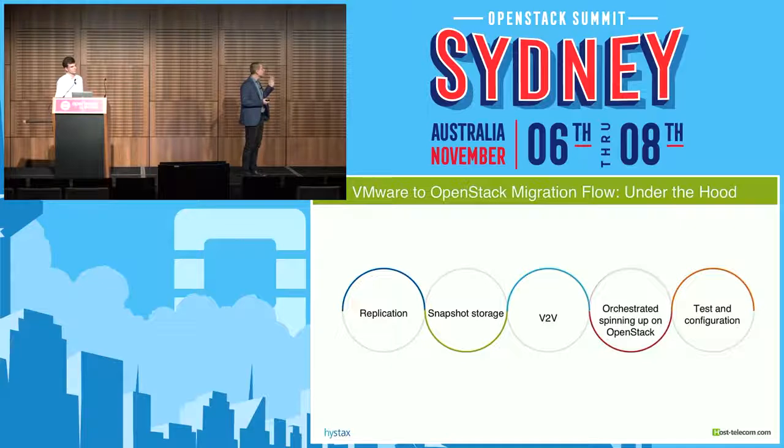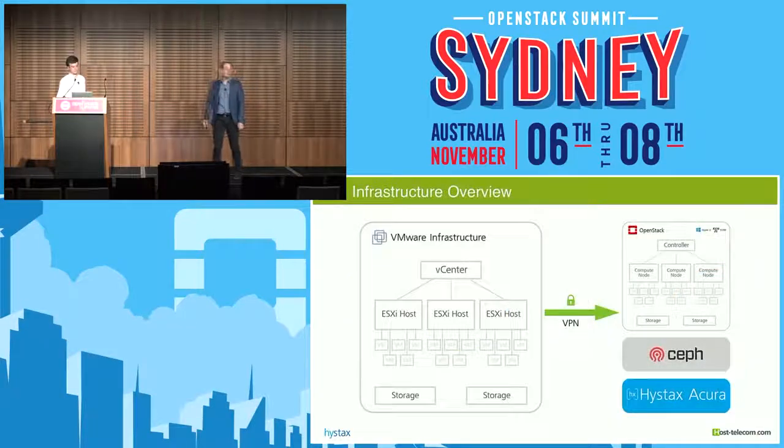But before I jump to the description in detail of each of these steps, let me give you a quick overview of the infrastructure we had, what we had from the customer side and what we had from the Haas Telecom side, just for you to have an understanding and clarity of what we did. If you take a look at the left side, you can see the customer infrastructure.